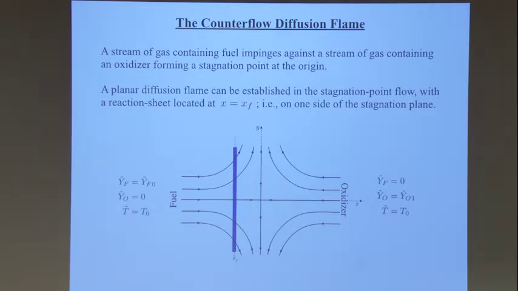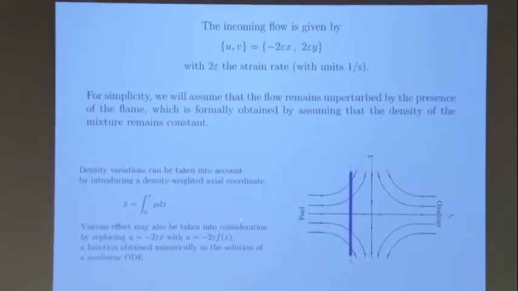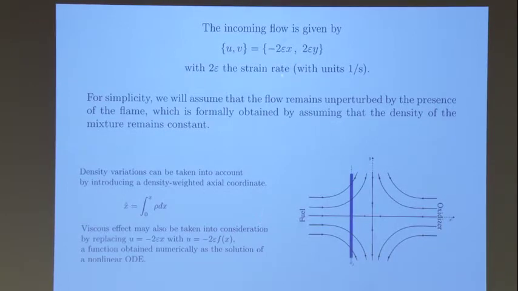So if you assume a constant density, then what you assume is that the flow is known and is given by this stagnation point flow, minus 2 epsilon x and 2 epsilon y. So the velocity is moving from left to right here, and in the opposite way here. And a reaction sheet will be established somewhere in that domain, let's say at the location xs here, okay?